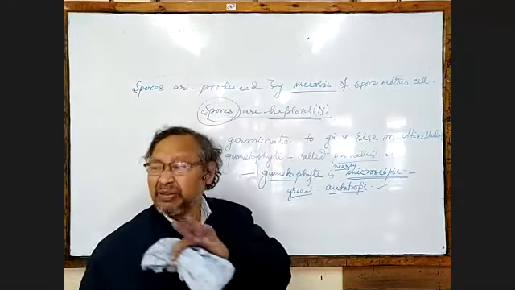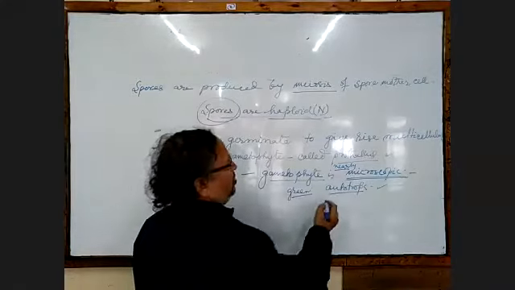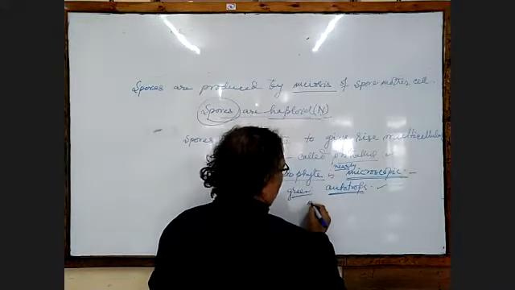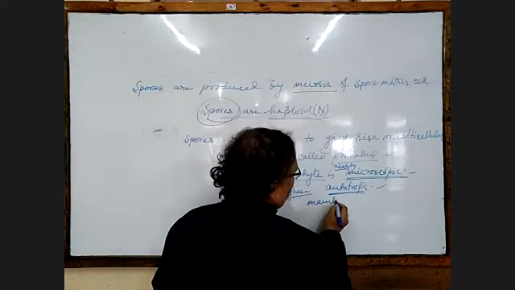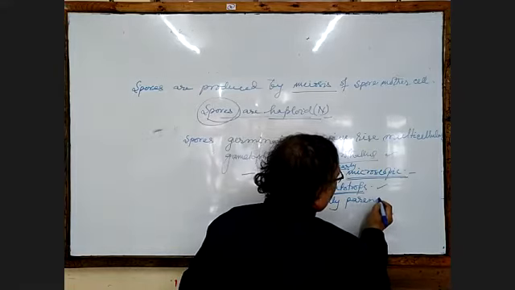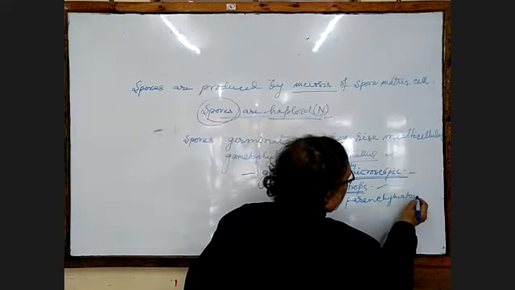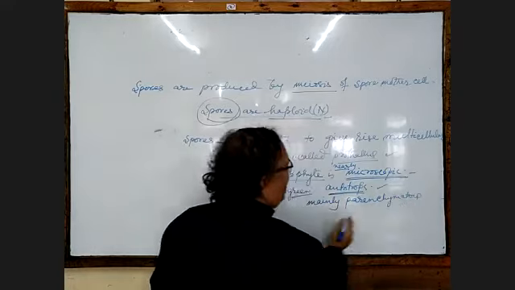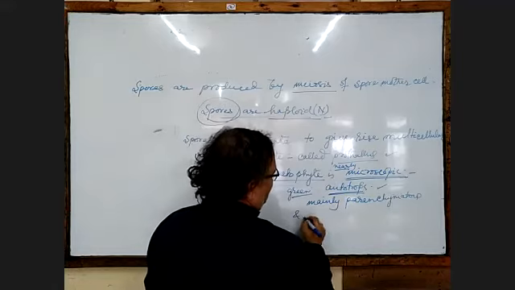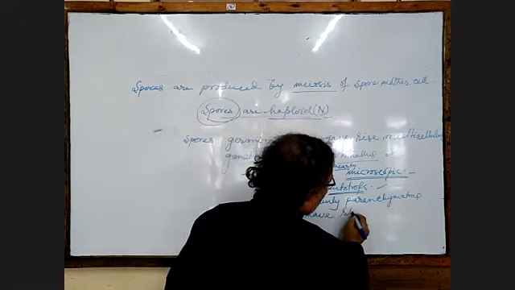They are mainly made of parenchymatous cells and have rhizoids.